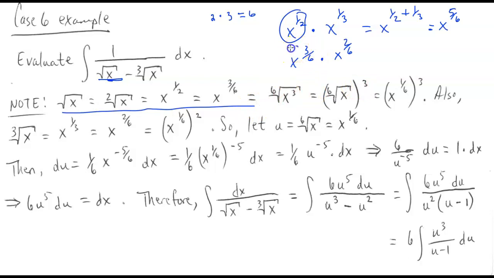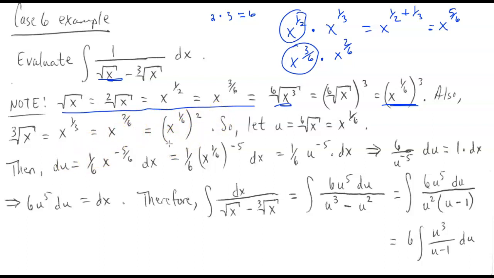And expressing it as a 6th root would be the 6th root of x cubed. Now, I want to express the cube root of x as a 6th root of something as well. And in this case, the cube root of x is just going to be the 6th root of x squared.